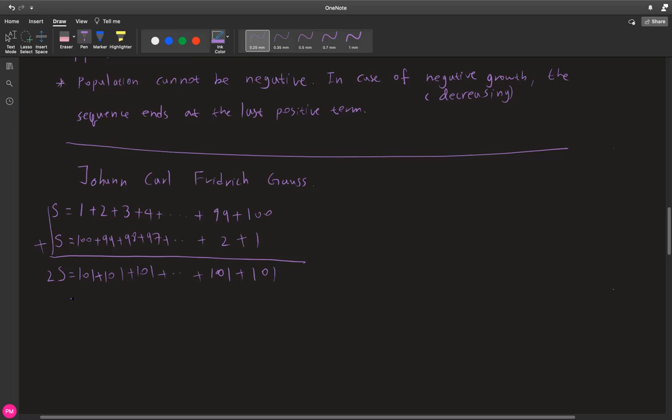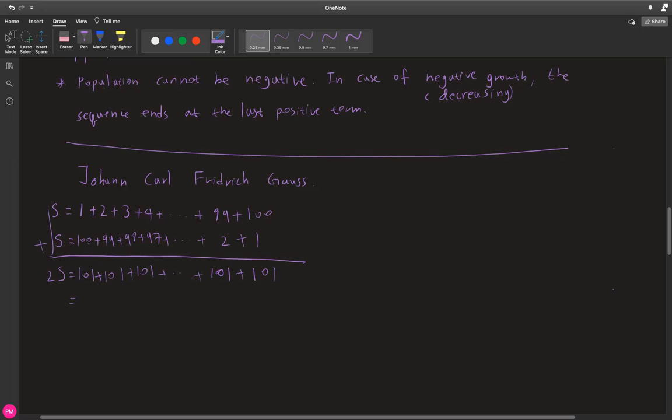So now that we have 101 for each term, and we also know that there are 100 terms in this sum, because if you're simply adding 1, 2, 3, 4, there are 100 numbers. Without writing every single number in between, it's pretty intuitive to tell.